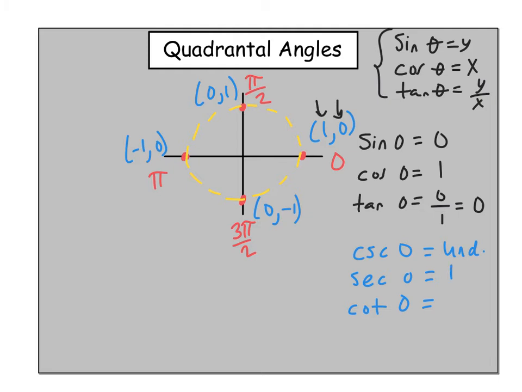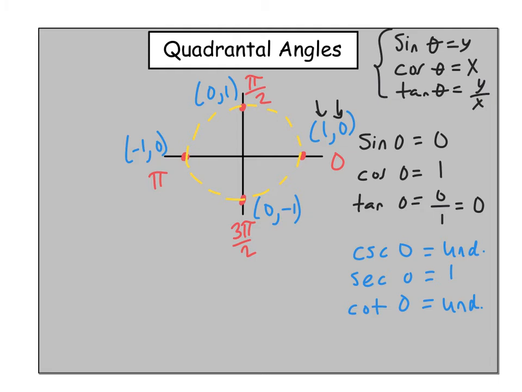And then cotangent, remember if tangent is 0 over 1, the cotangent will be its reciprocal, which would be 1 over 0, which is actually undefined. So if the original function is 0, the reciprocal will be undefined. So there's all of the trig values for the quadrantal angle of 0.